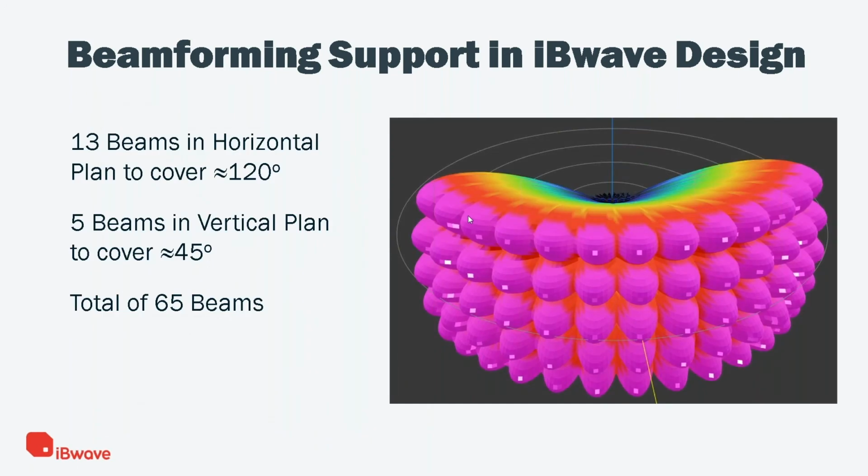So how can we use all these generated generic beams? If we want to cover 120 degrees in the horizontal plane, then we should create 13 beams to cover all of it. In the vertical plane, if we want to cover 45 degrees, then we would need 5 beams. So in total, you would have 65 beams, and you can create this combined beam of the antenna and run prediction using this generic antenna.